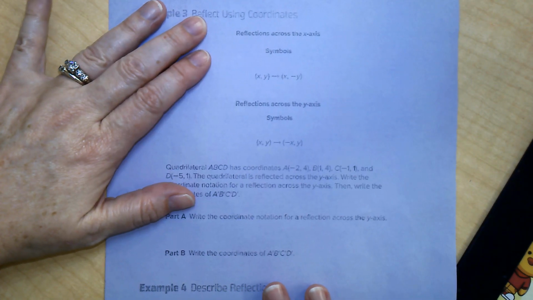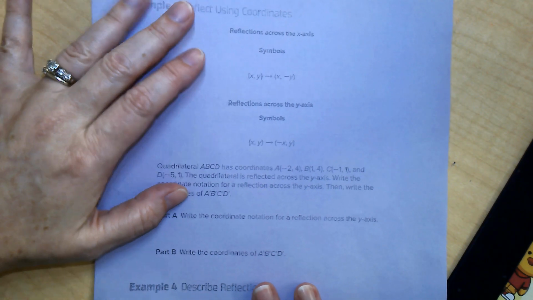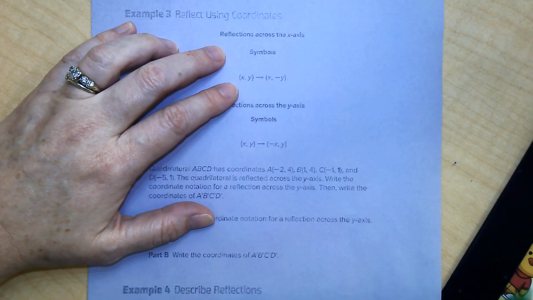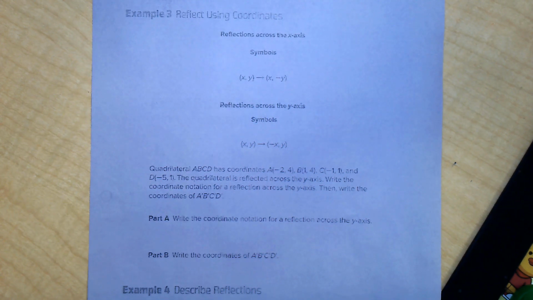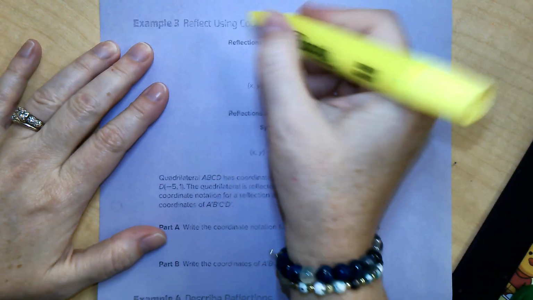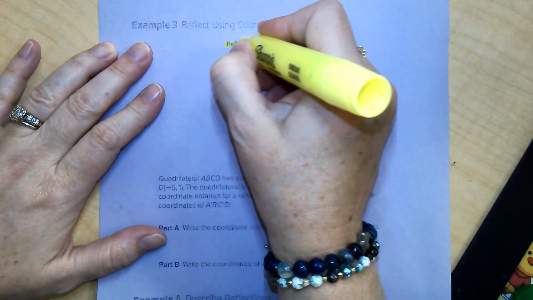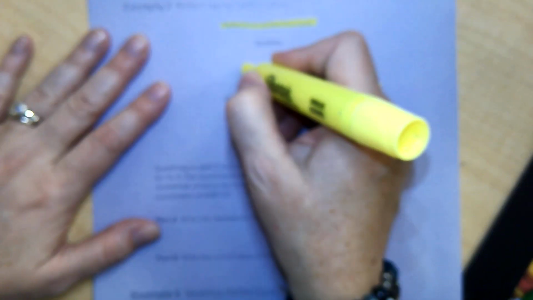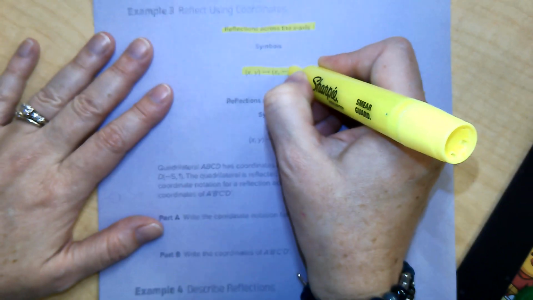So, reflecting using coordinates. So, we can use some little math, okay? So, if we want to reflect across the x-axis, this is your coordinate notation.